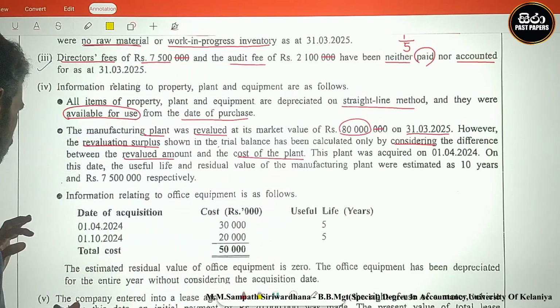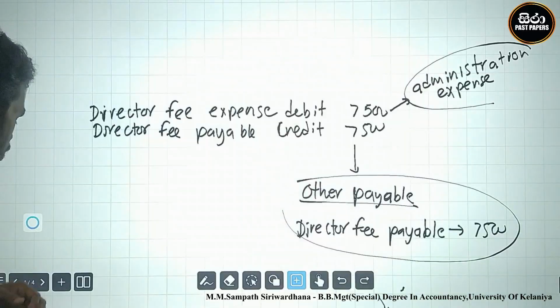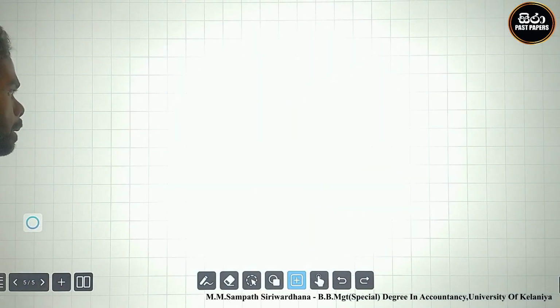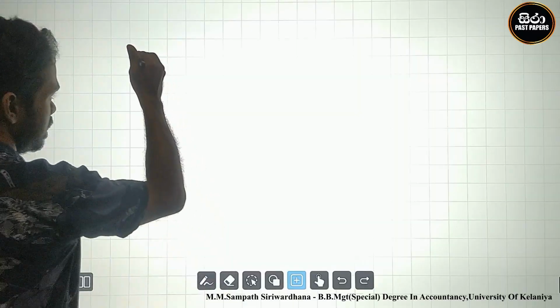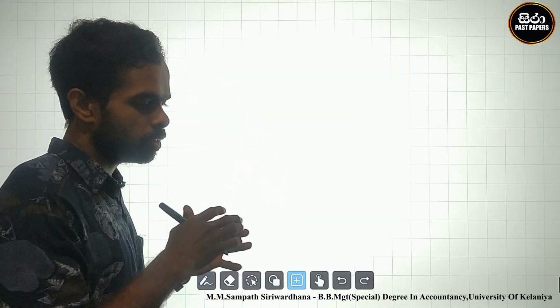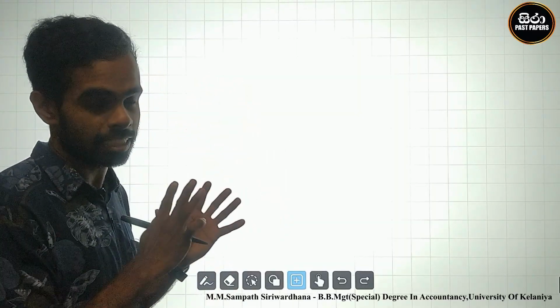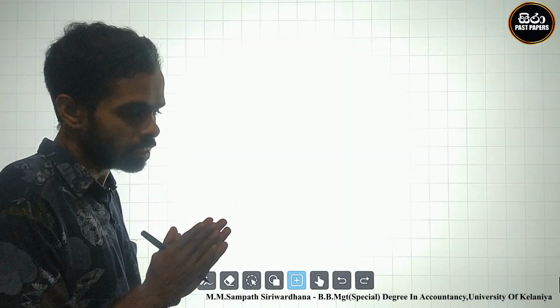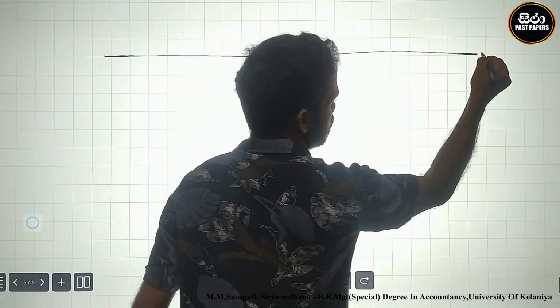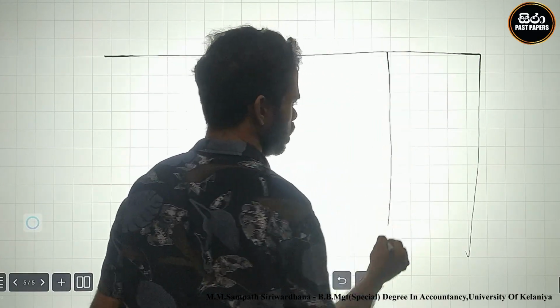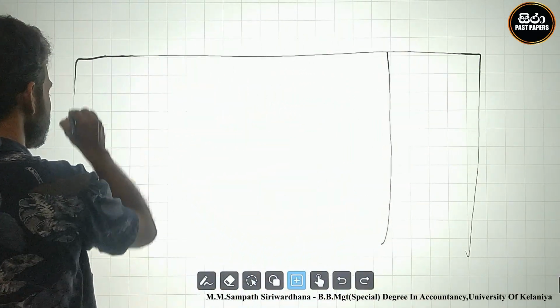Therefore, there is a property, plant and equipment related question. Therefore, I immediately prepare a property, plant and equipment note. The actual property, plant and equipment note has a structure, but for the explanation, I prepared a property, plant and equipment note for only one asset. Look here.